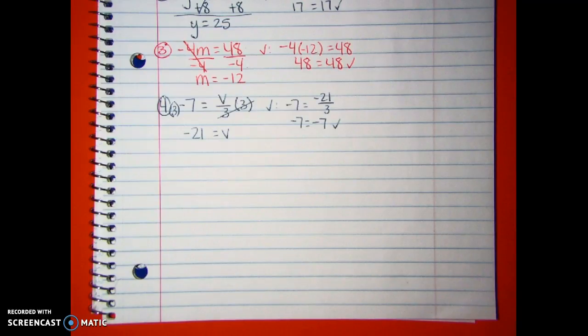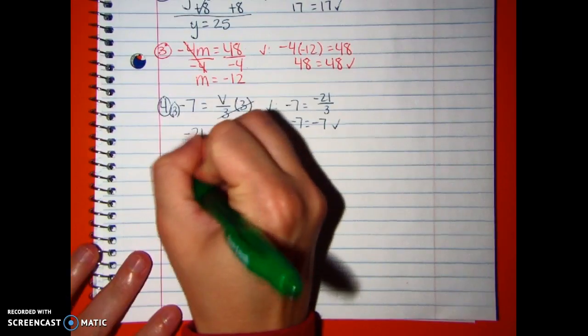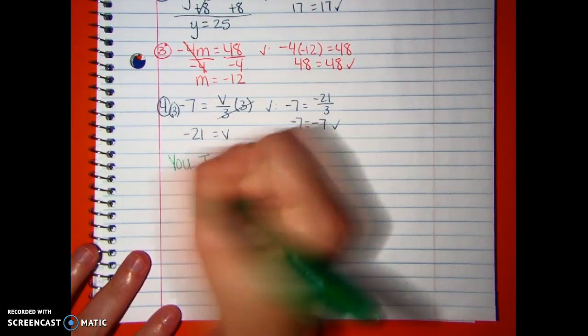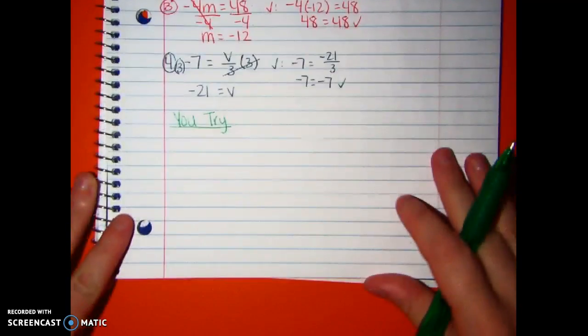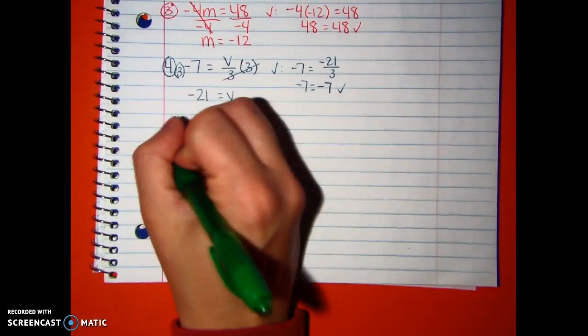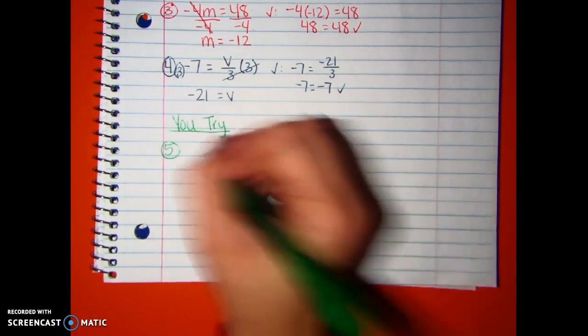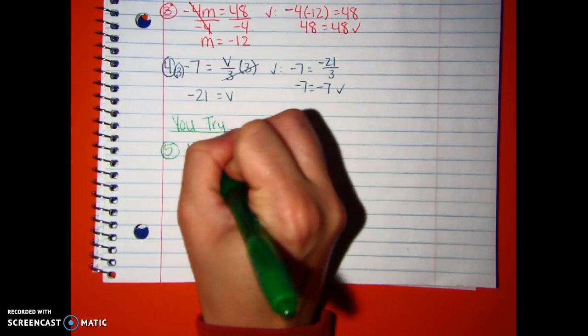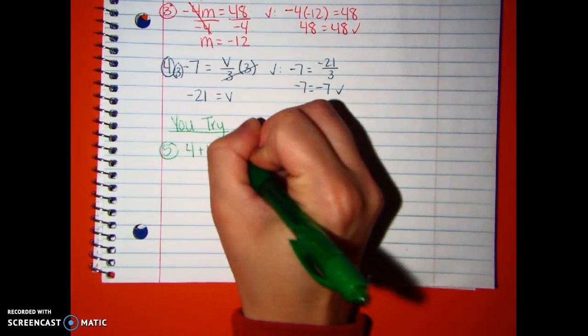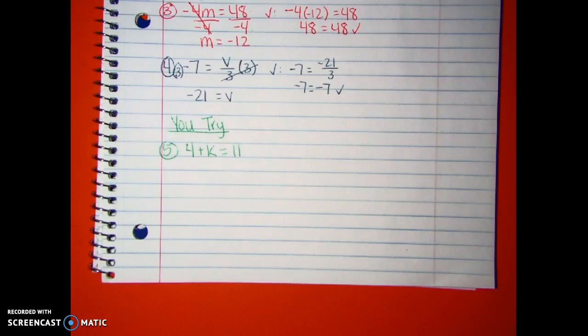Okay, now I have a few for you to try. Okay, let's start with the first one here. It'll be 4 plus k equals 11. So go ahead and try that one.